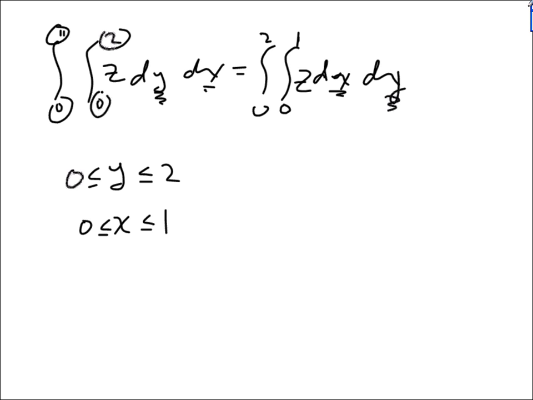Remember, z just means f of x, y. It doesn't matter what the height is. Okay, this video is just to show you how to get the right answers. I can't show all the theory behind it, I can't show all the whys.